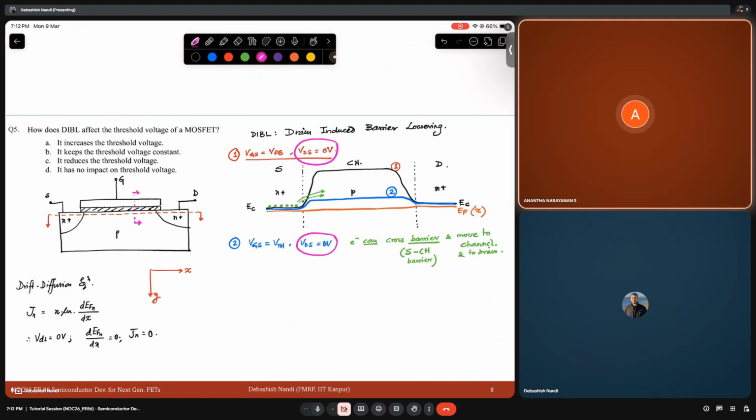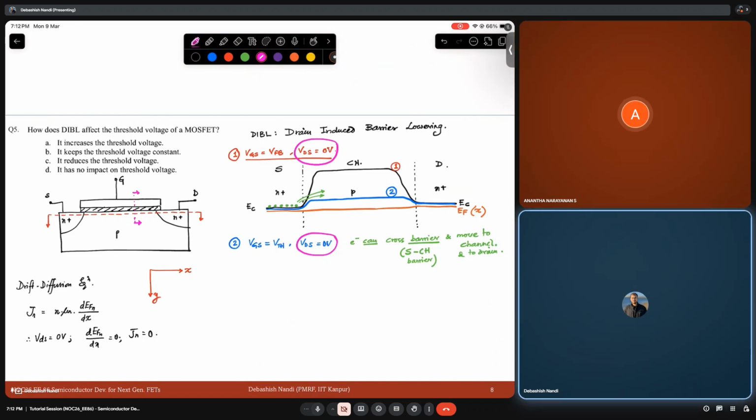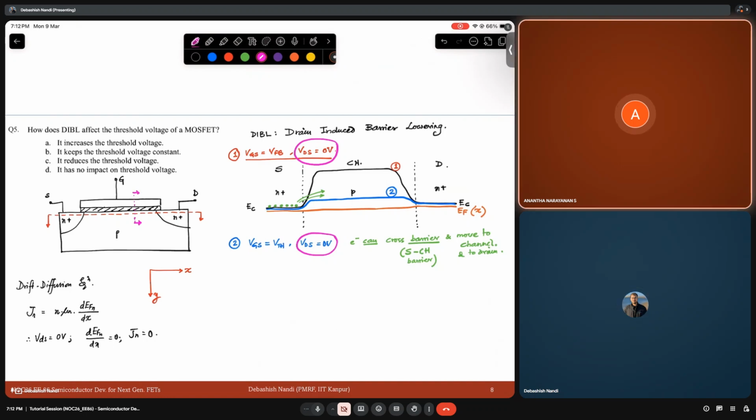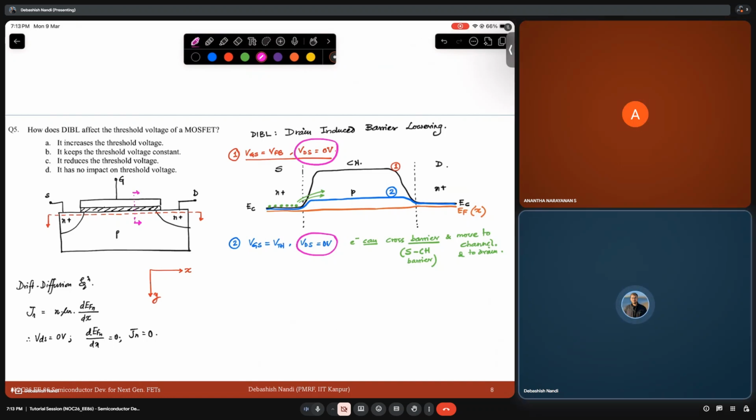Sir, in all cases, will it be constant? Right, in our case, it will be constant, regardless of the value of VGS. See, have you seen this Fermi level is not a 1D line, right? It is a 2D surface.